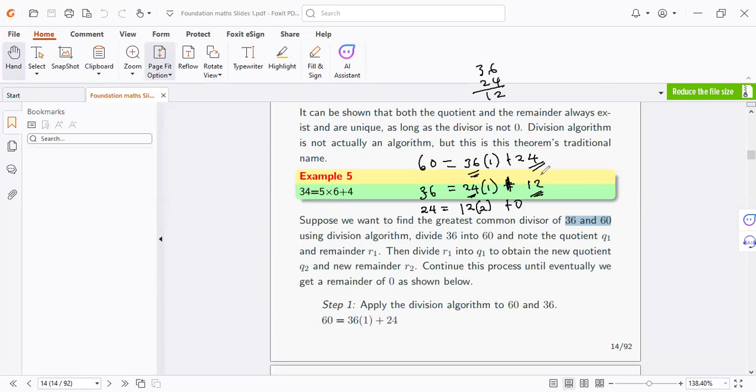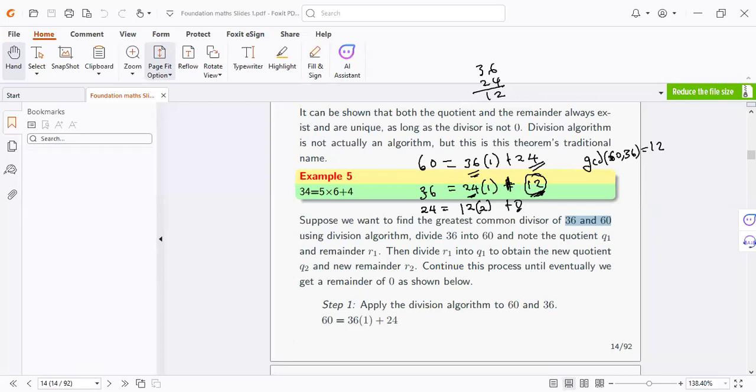Once you have a remainder of 0, the GCD becomes the last remainder we had, which was 12. So the GCD of 60 and 36 is 12.